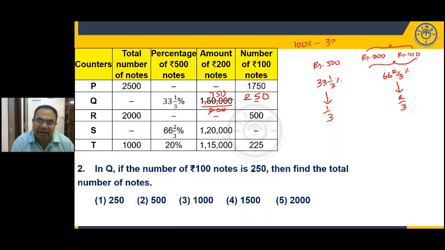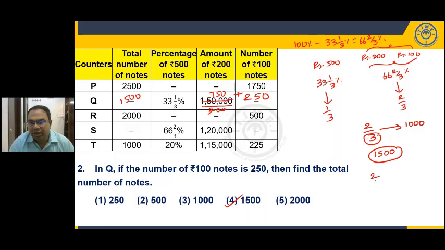If this is 33 1 by 3%, the remaining has to be 66 2 by 3%, which is 2/3. So 2/3 value, how many are 200 and 100 rupee notes? 1000. What are total notes? 2 parts is 1000. Total notes are 3 parts. So 2 into 5, 2 goes 5 times 500, 3 into 500. So total notes should be 1500. This is my answer.